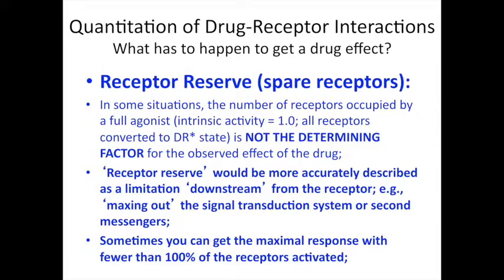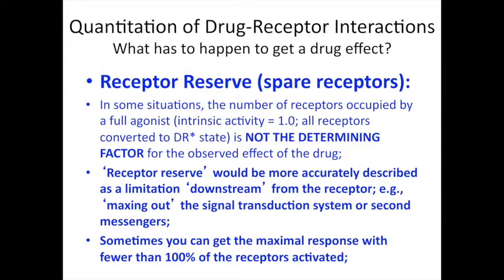But what happens in some instances is that you can get a maximal effect without activating all the receptors, because your maximal effect is going to be determined by ultimately how much signal transduction you can generate. So remember, bind the receptor, that's affinity. Activate the receptor, if it's a full agonist, that's your intrinsic activity.